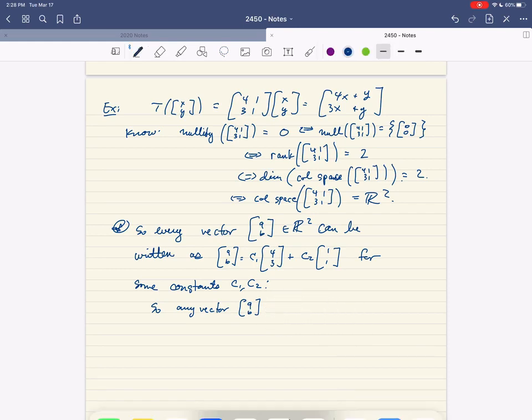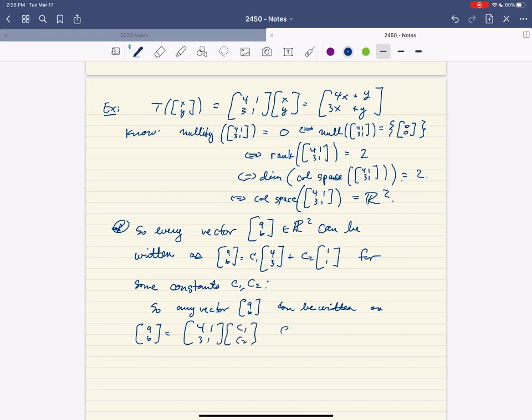Any vector a, b can be written as a, b equals 4, 1, 3, 1 times c1, c2 for some constants c1, c2. And hence the image, which we write Im of T, is R2. Turns out the image of that linear transformation is R2.